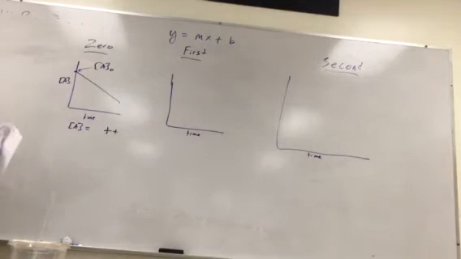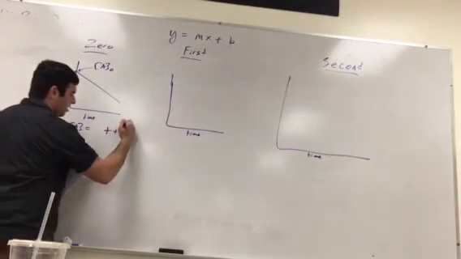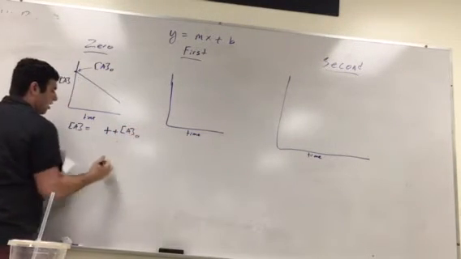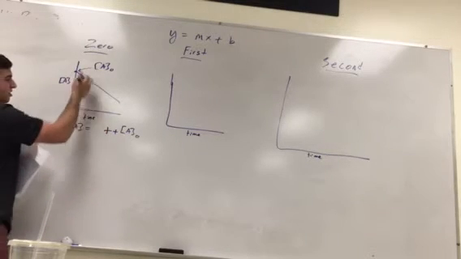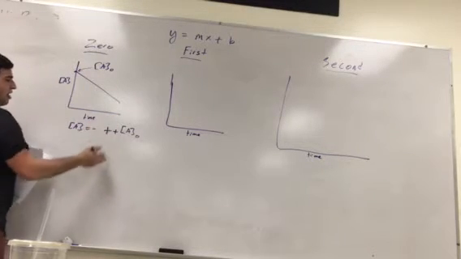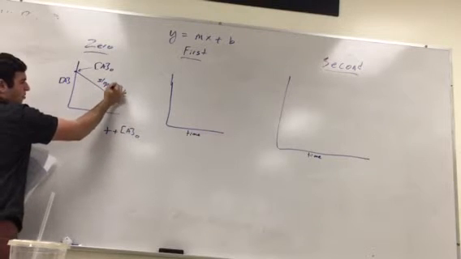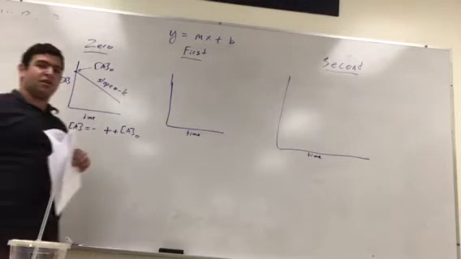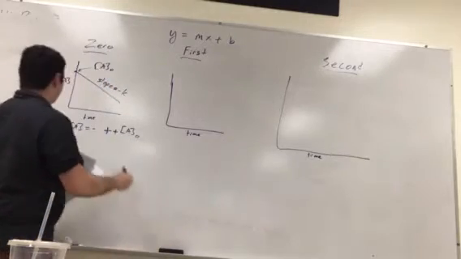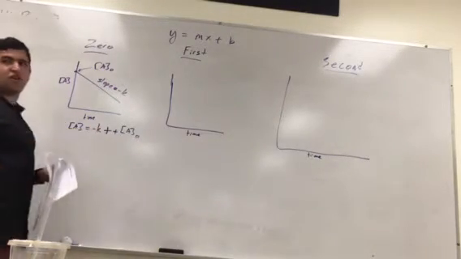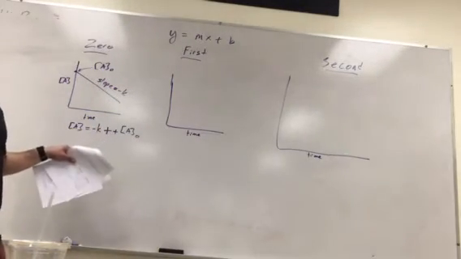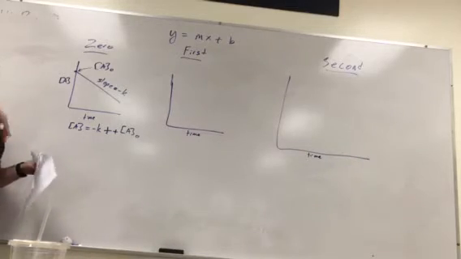That makes sense? So then we're gonna say plus A naught. And this is a negative slope, so the slope in this case equals negative k, and k is the rate constant, right? So that's the equation of a 0 order reaction. It just derives from the graph, right?